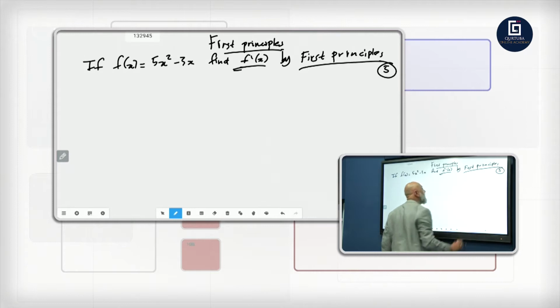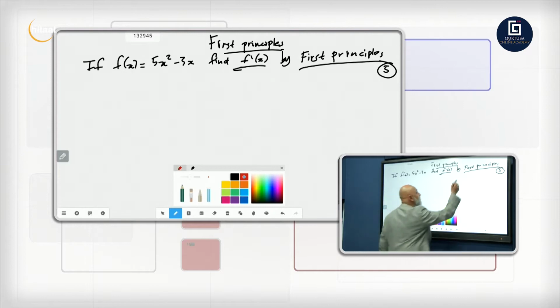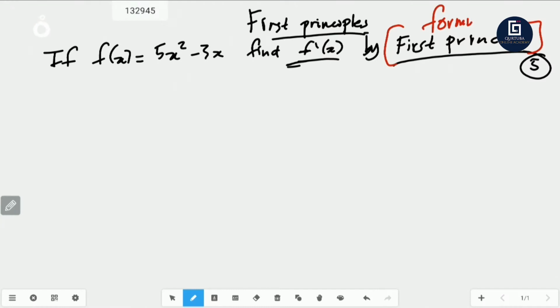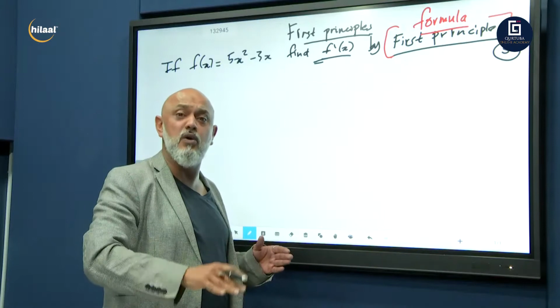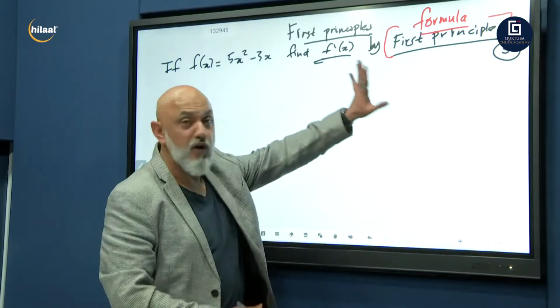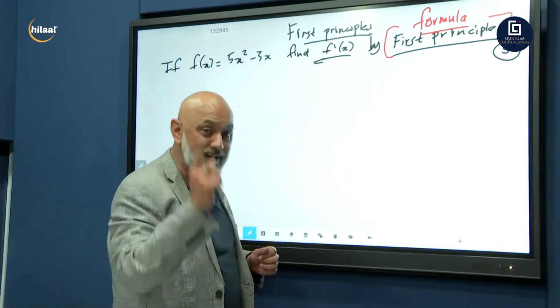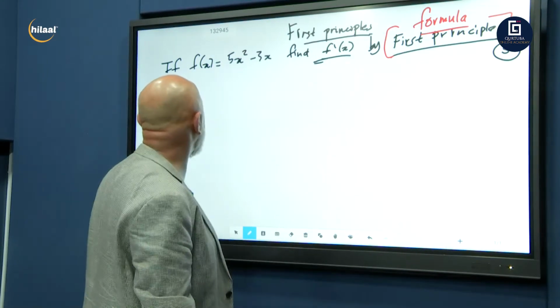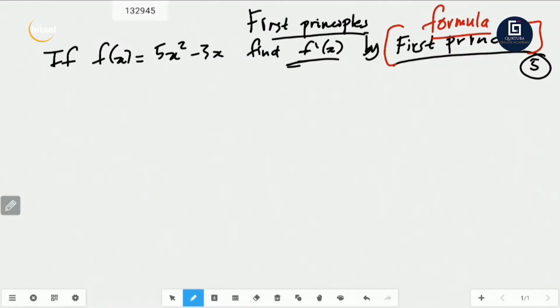How many marks would that be? 5 marks in the exam. The minute they say by first principles, you know it's your command to use the formula. You'll be using the power rule or the shortcut later on. But for now, for question number 1 under calculus, you will be using first principles. So take this question down: if f of x is equal to 5x squared minus 3x, find f dash x by first principles. We know what our formula of first principles is. I gave it to you.